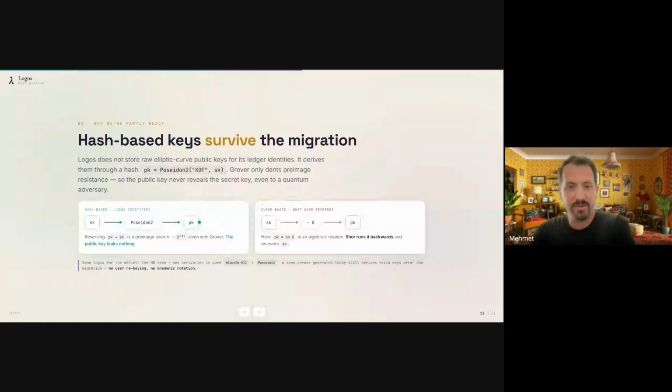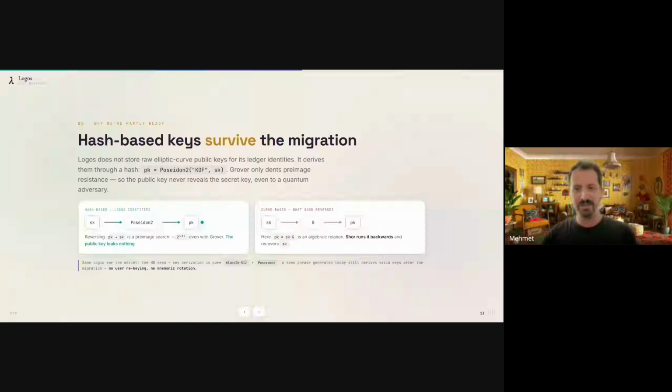And yes, the good thing for Logos is that we are aware of that problem. Therefore, when we design our protocols, we use hash-based secret key and public key generation. In general, with an elliptic curve, you take a random number as a secret key and multiply it with the generator point of the elliptic curve to get the public key.